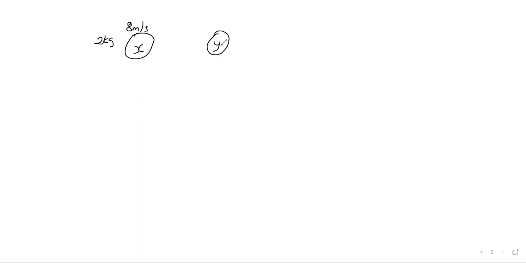The mass of body Y is 1 kg. V of body Y is 2 meters per second west, which means this body here moves easterly and this one here moves westerly.